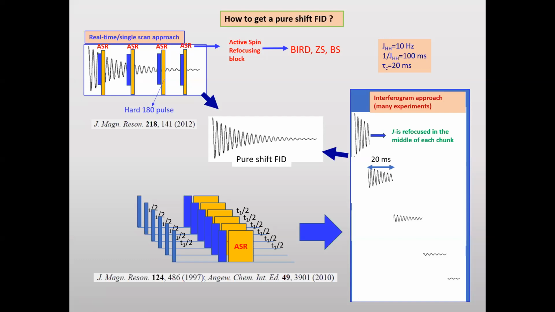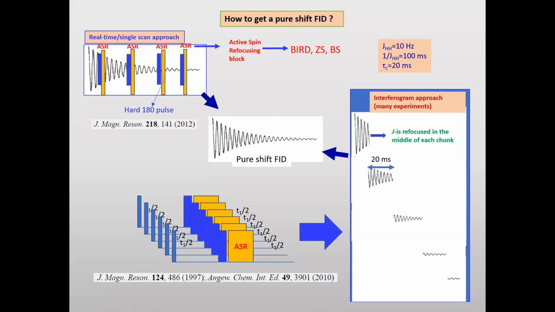Active spin refocusing blocks are nothing but either the BIRD block, the Zangger-Sterk block, or the band selective homodecoupled block. So this is the real-time or single scan approach. The 180-degree hard pulse is used in addition to the active spin refocusing block, so that chemical shift evolution continues and the J coupling is refocused in the middle of this FID.